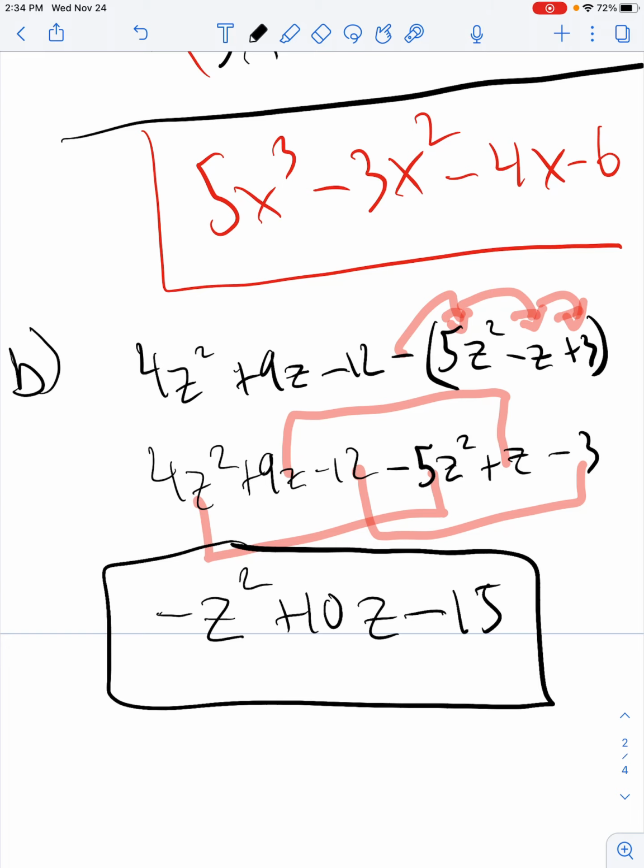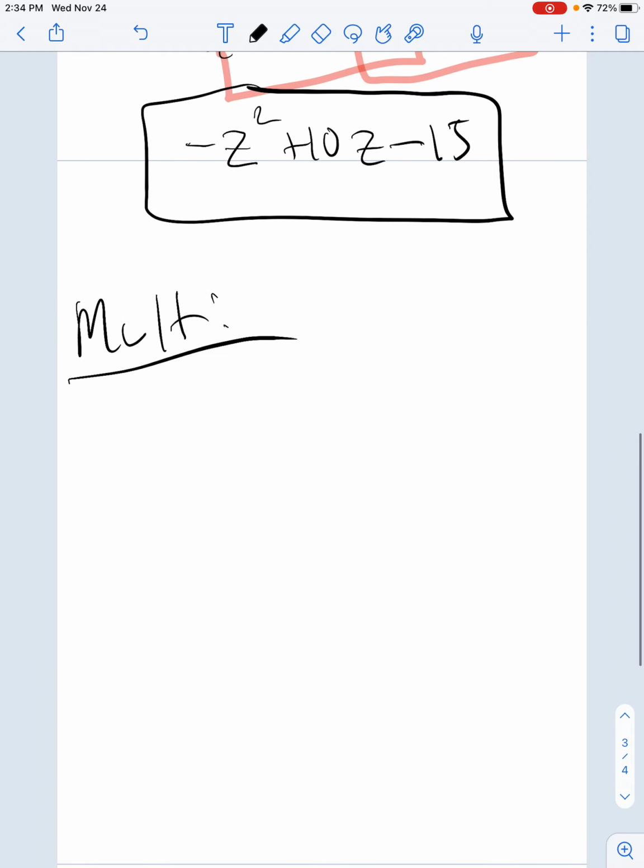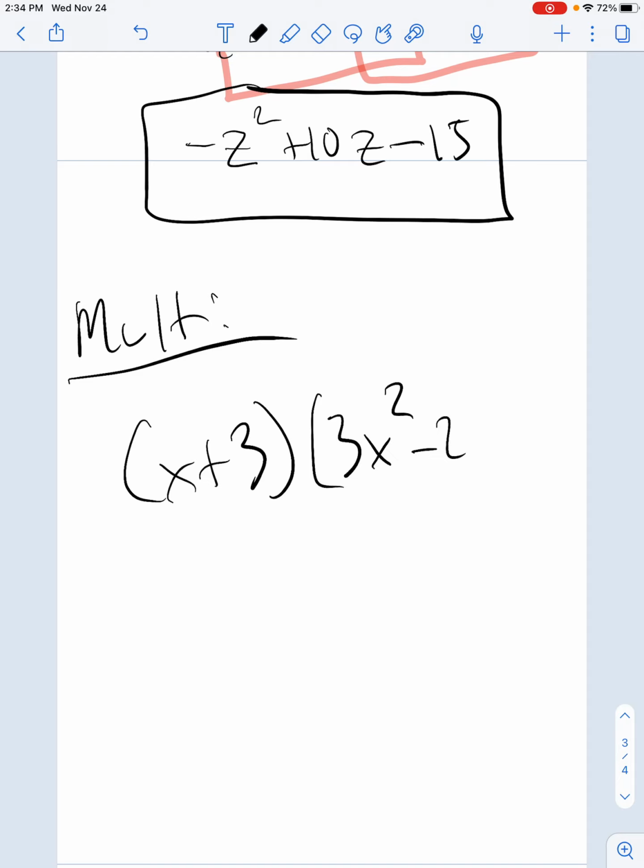So that brings us to multiplication. So just going to take a look at multiplying polynomials. Let's say that we have x plus 3, and then we have 3x squared minus 2x plus 4.